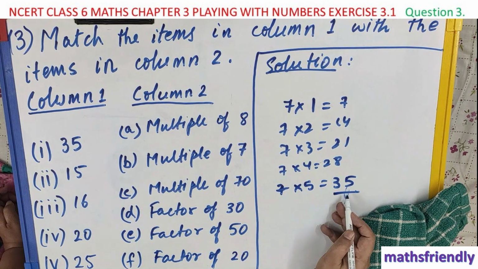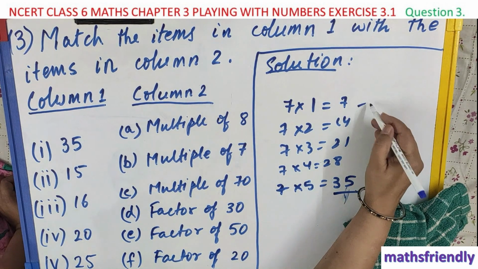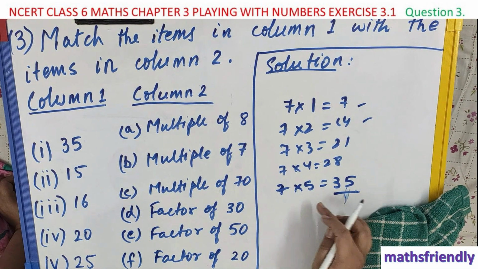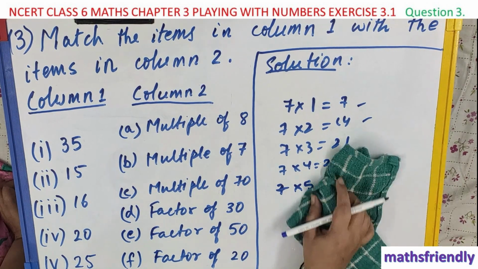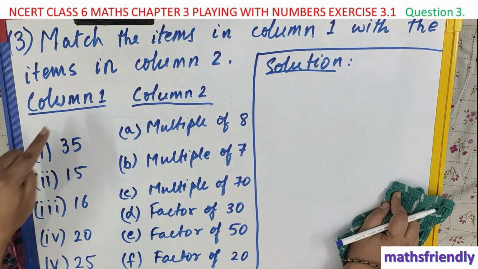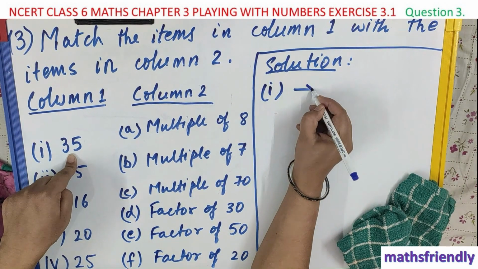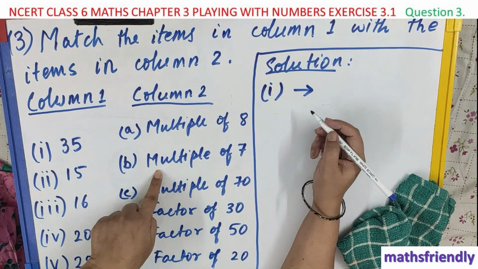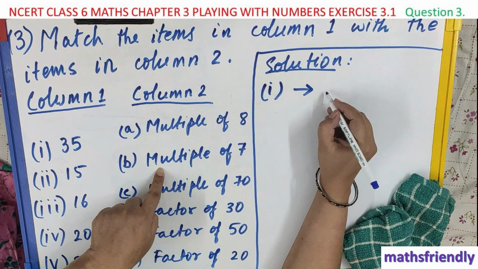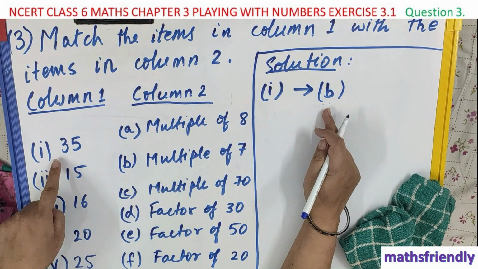So 35 is a multiple of 7. Okay, the fifth multiple of 7 is 35. Yes, it means that this item of column A matches with this item of column B. Okay, so A matches with B.